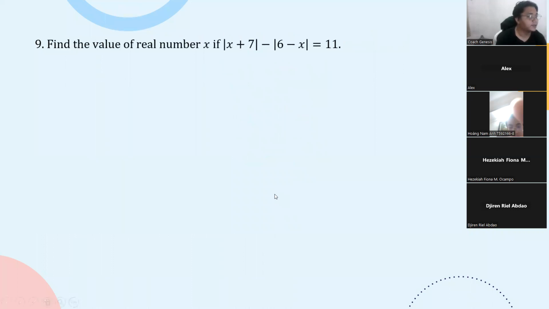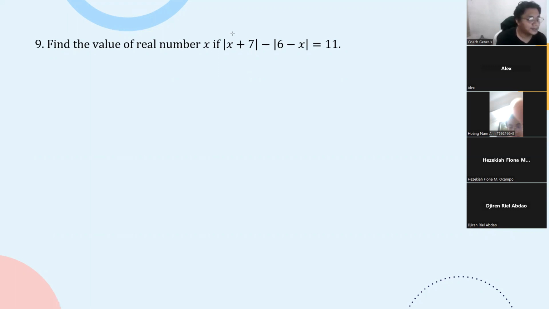Okay, for number 9. Find the value of real number x if the absolute value of x + 7 minus the absolute value of 6 - x is equal to 11. Okay, so the first thing that we will do here is to look for the critical values.